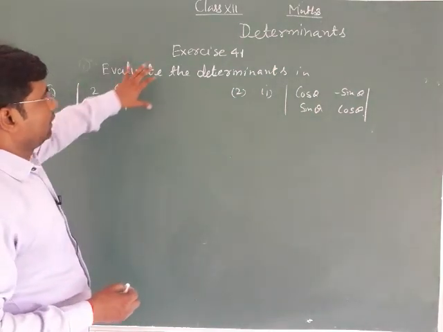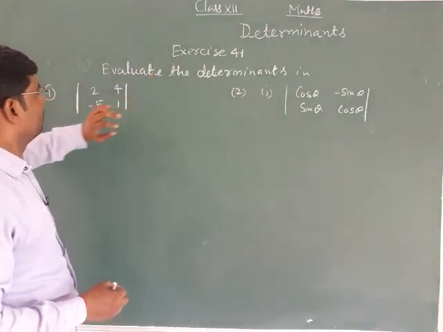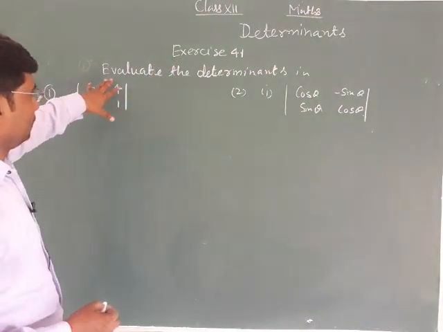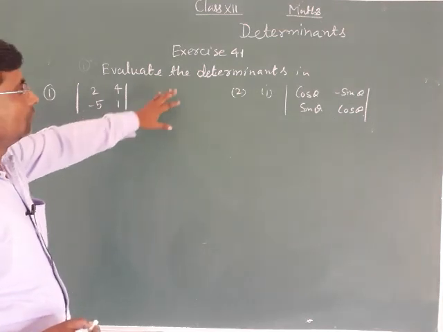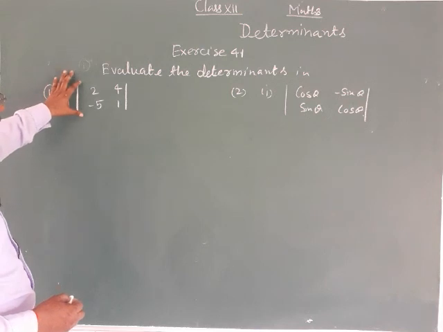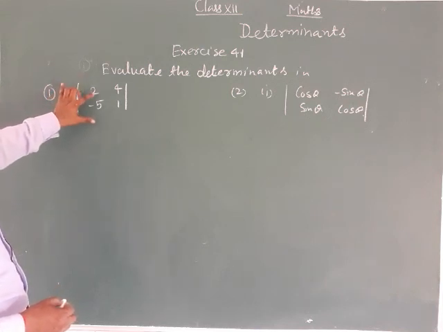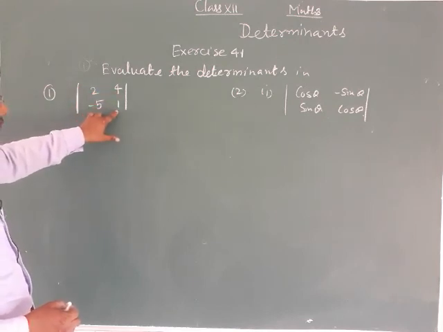Now exercise 4.1. Evaluate the determinant in question number 1: the determinant with elements 2, 4, minus 5, 1.